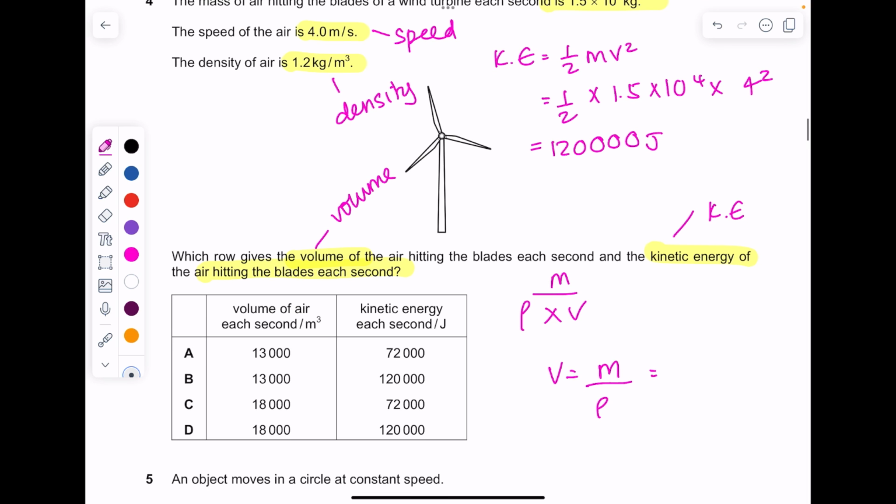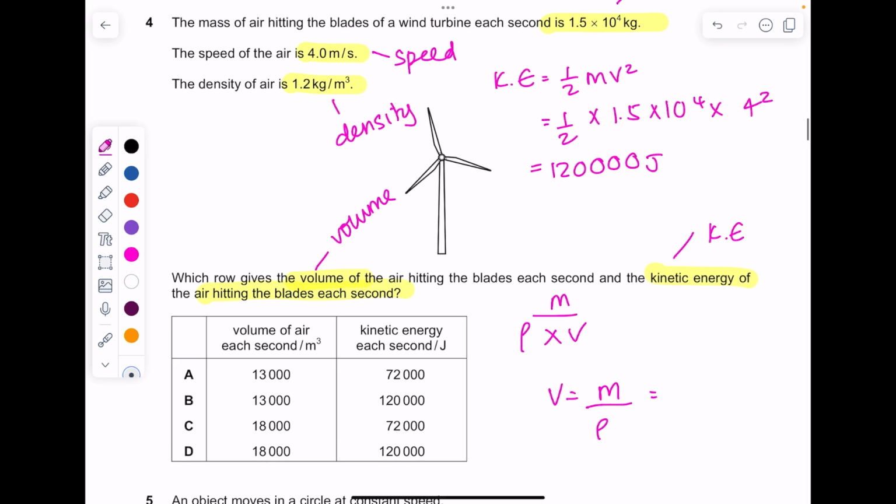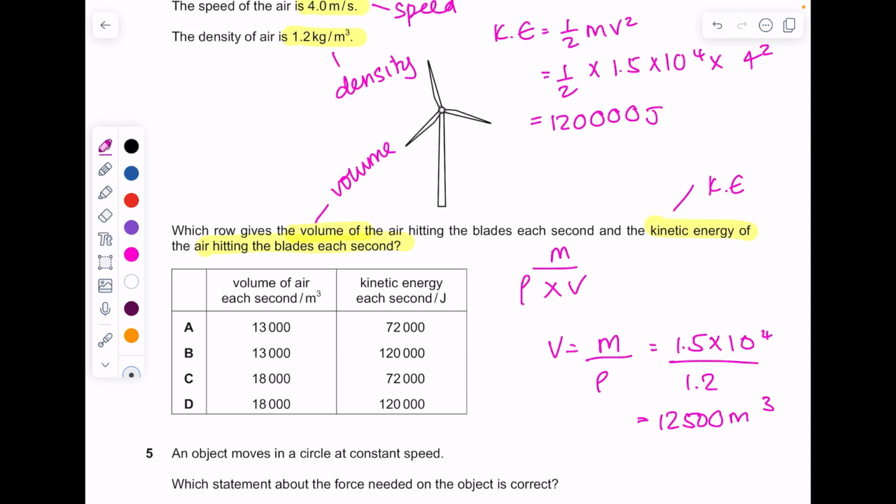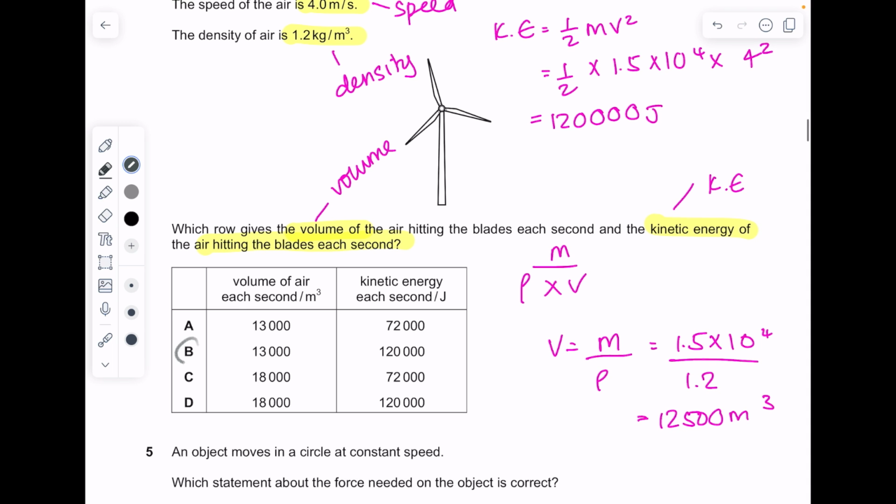So that's 1.5 times 10 to the 4 divided by our density, which is 1.2. And that comes out at 12,500 meters cubed. So just look along the row and you can see, therefore, that the answer here is B.